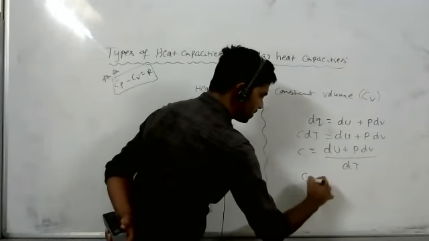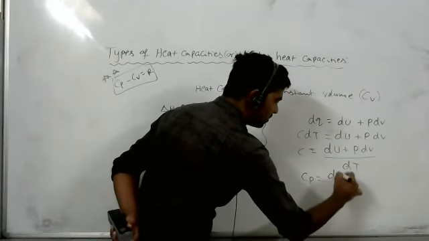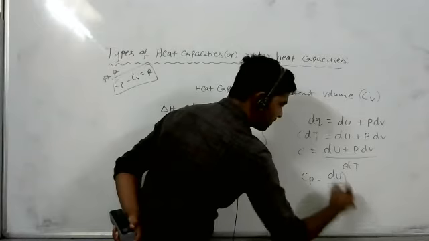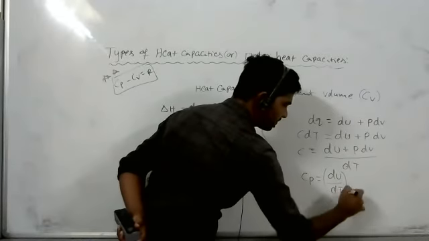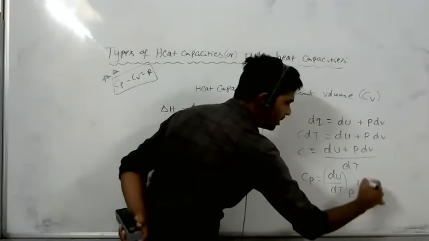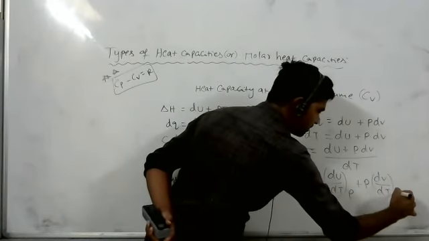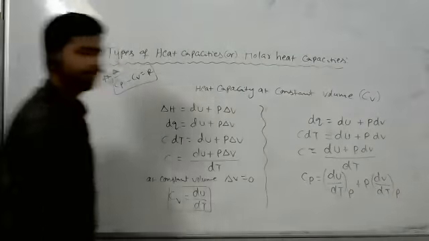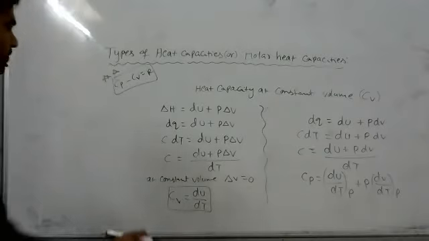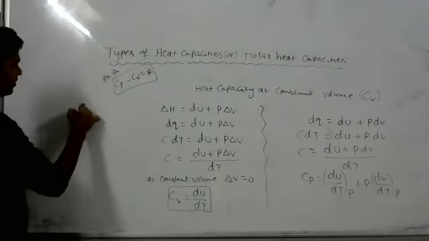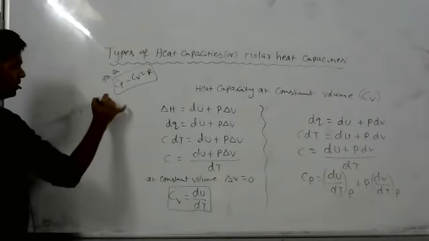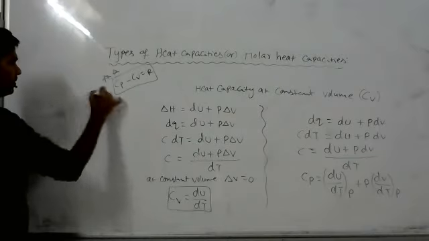Now at constant pressure, Cp is equal to dU by dT at constant pressure plus P into dV by dT, also at constant pressure only. So here we derived Cv is equal to dU by dT.